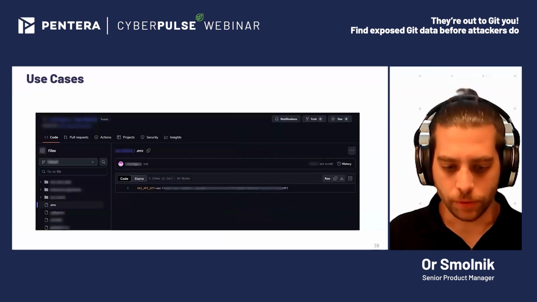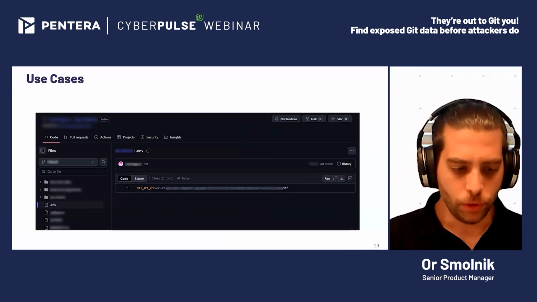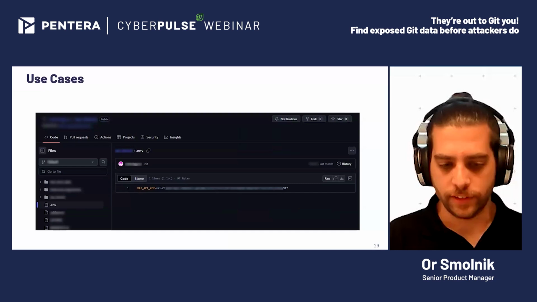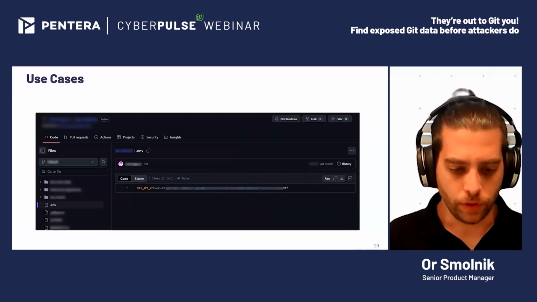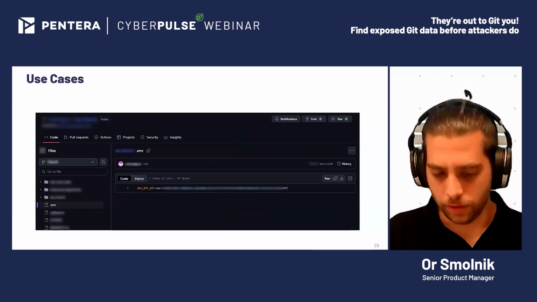And also a more simple one, right away the .env file, which is a file that exists to save some environment variables. Here we see environment variables for a certain tool with the full key out there.